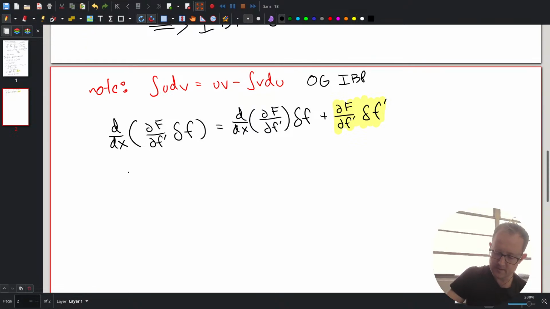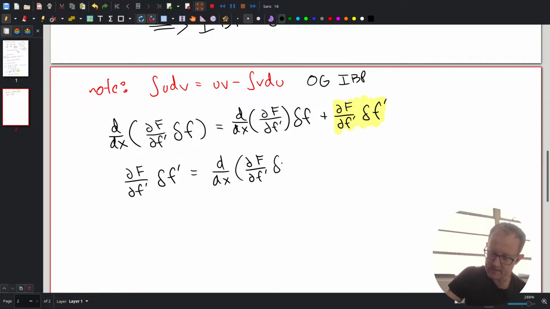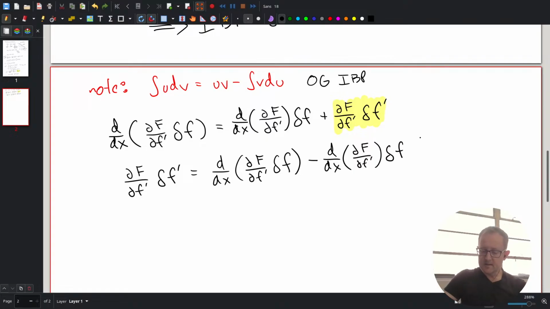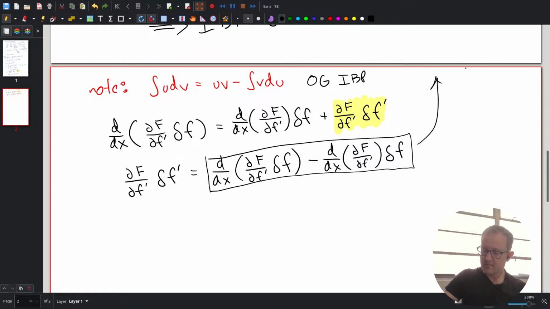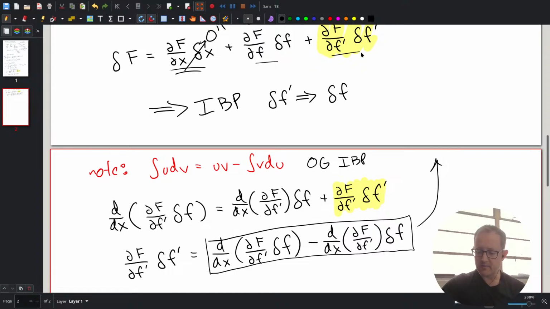So let me solve for it. df prime times delta f prime equals d/dx of df prime times delta f, minus d/dx of df prime times that delta f. So I can take this whole term and plug it back into my original equation.